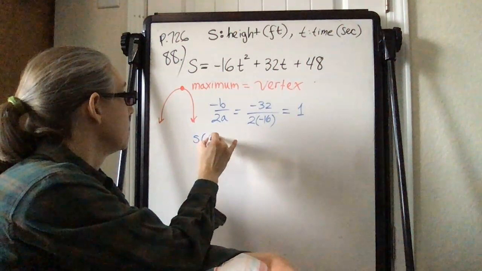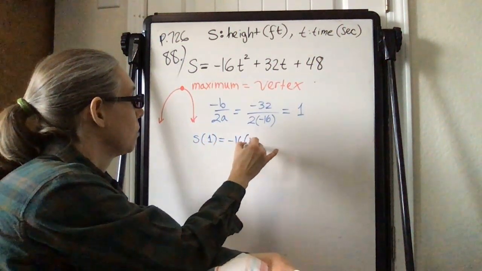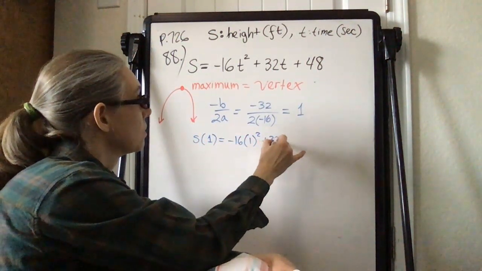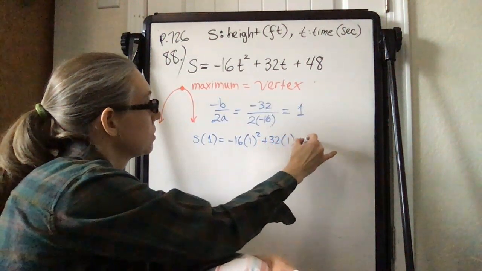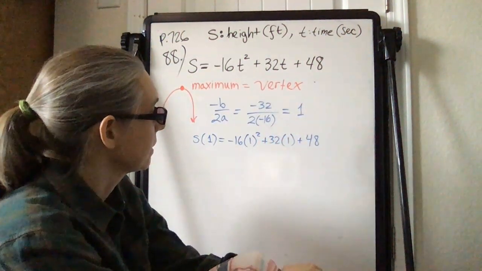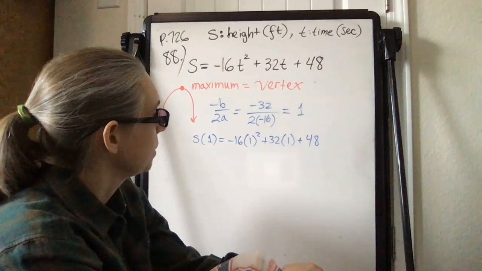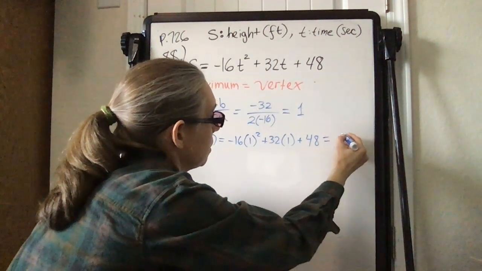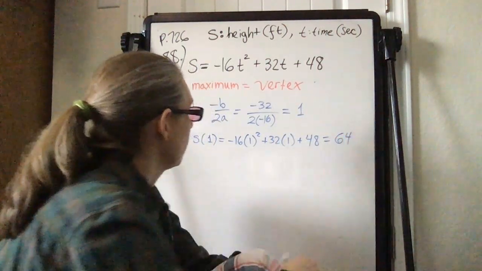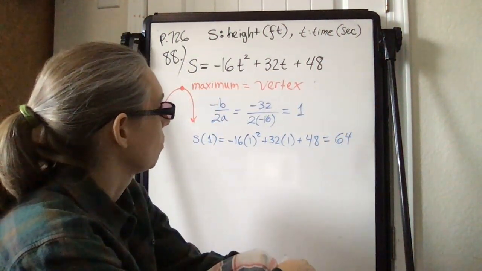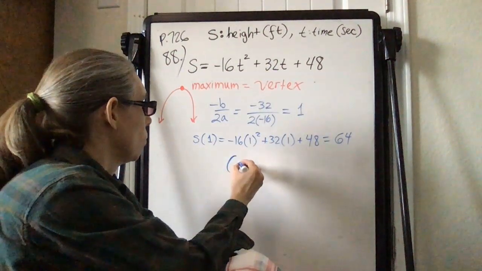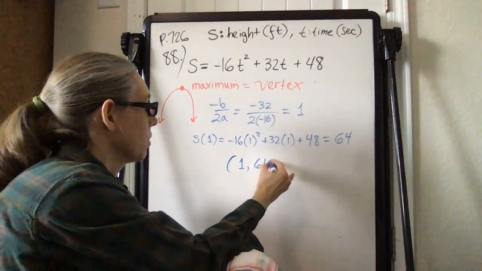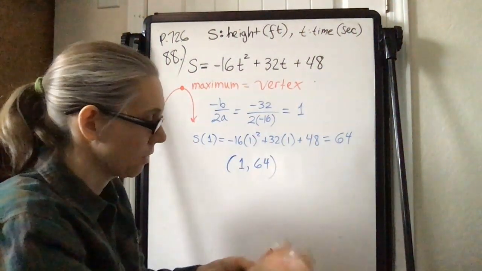S of 1 is equal to negative 16 times 1 squared plus 32 times 1 plus 48, which is going to be 80 minus 16, which is 64. Right. Okay, so 1 comma 64 is your vertex. Let's interpret this.